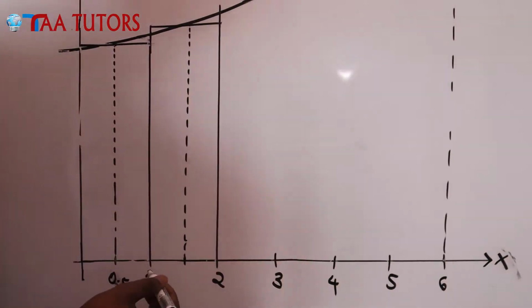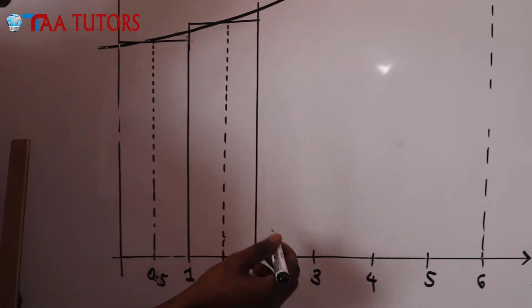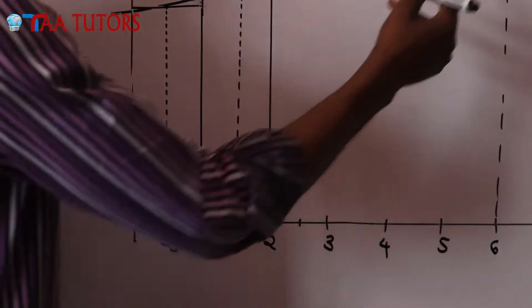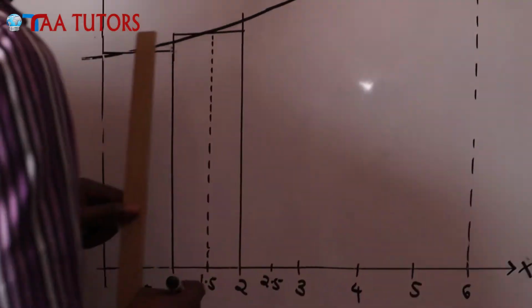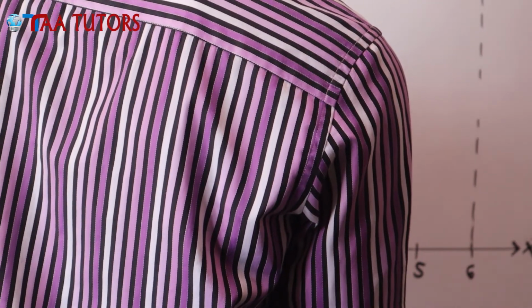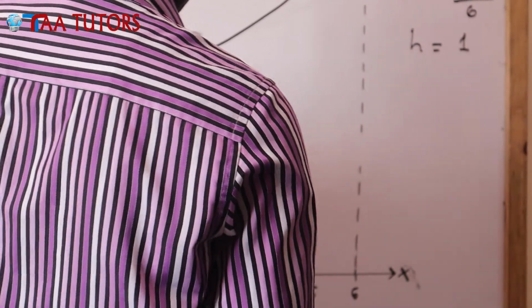Now again, if this is the second mid-ordinate, which is 1.5, the third mid-ordinate will be 1.5 plus h, which is going to be 2.5 here. So again, if you draw that mid-ordinate, I draw a dotted line. Remember, the dotted line must come from the curve exactly. It is what is guiding everything for this particular ordinate here.